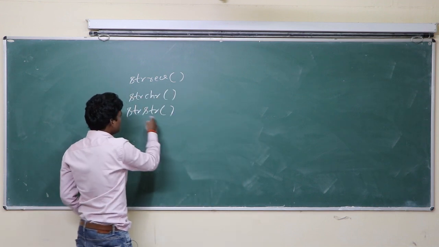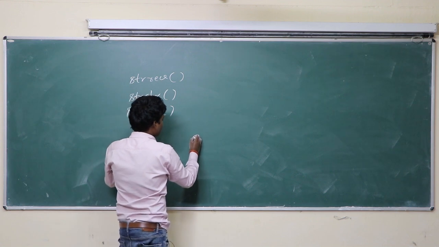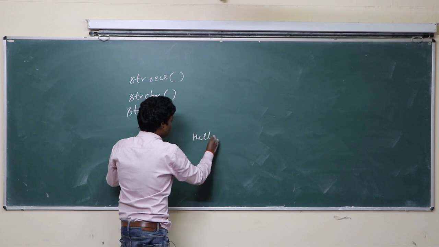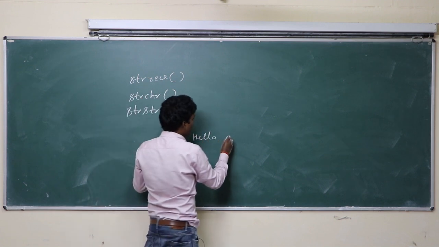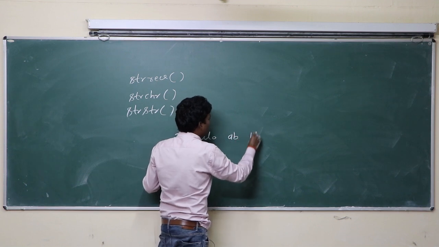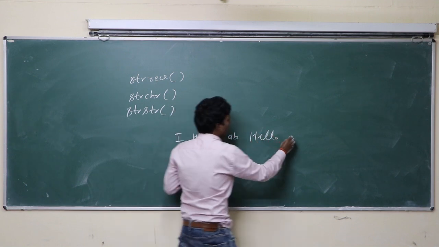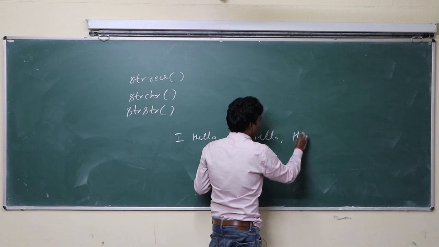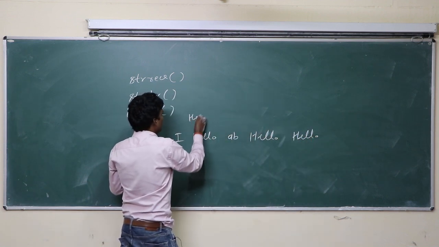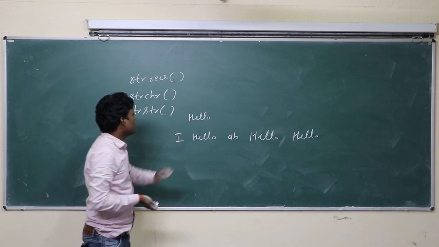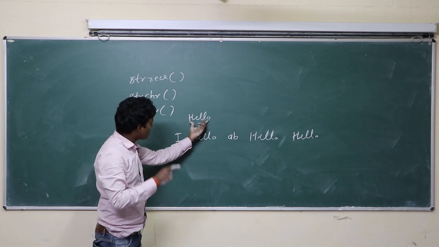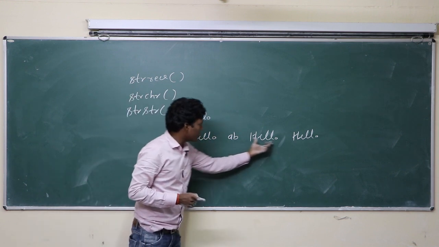Okay class, suppose the string is ABC hello hello, and the string to find is hello. So the given string is hello and we have to find the first occurrence of hello in another string.